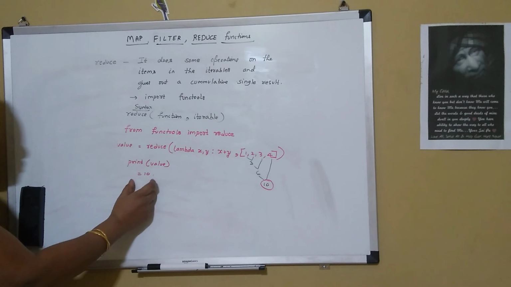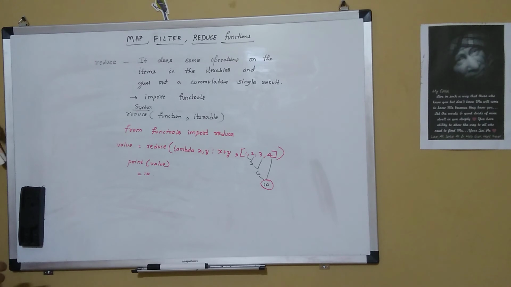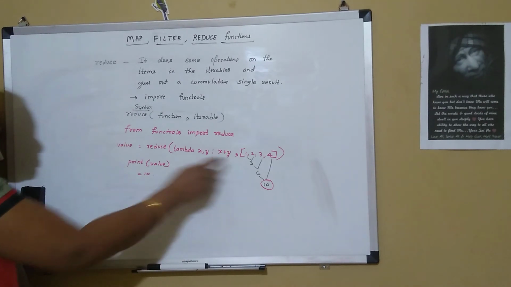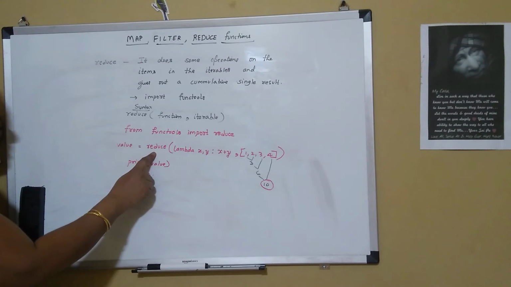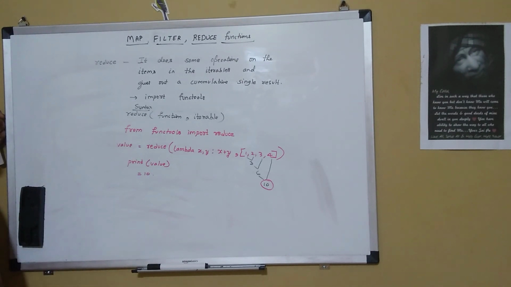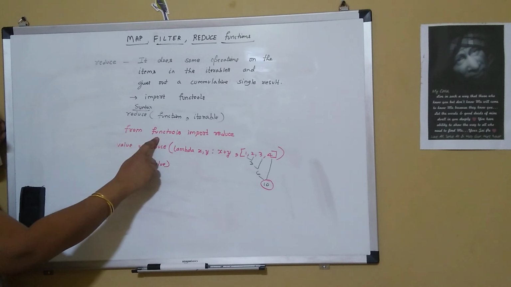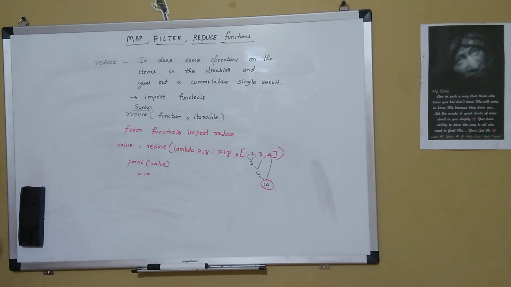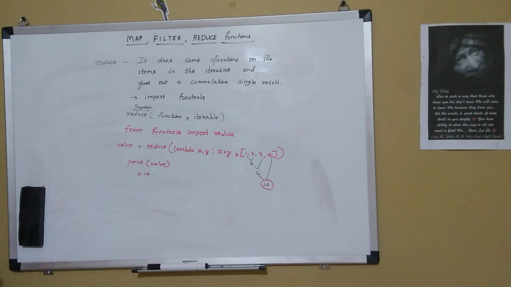And when we want to get a single cumulative result of the items in the list, we can perform some operations like plus and multiply on the items and come to a single cumulative result, which is achieved by the reduce built-in function. So these are three important built-in functions. We cannot directly access the reduce built-in function, so we have to first write from functools import reduce and then use it so that we get the desired output.